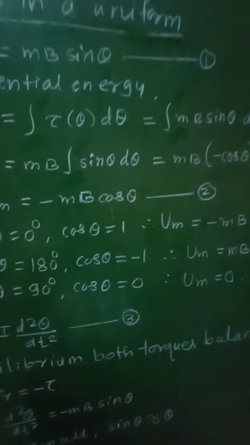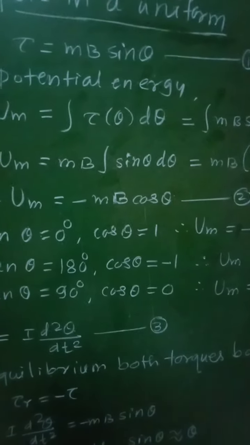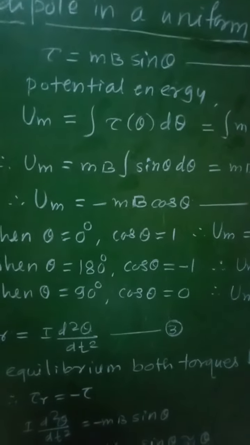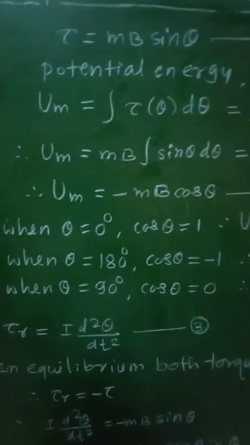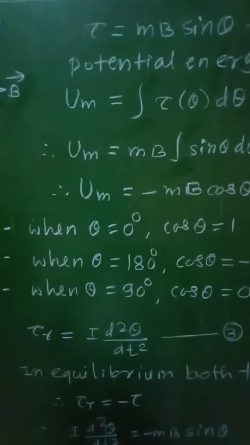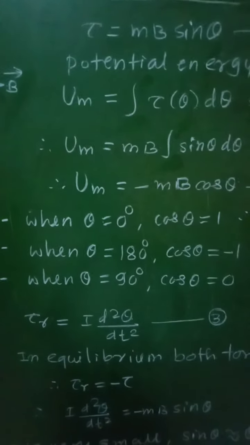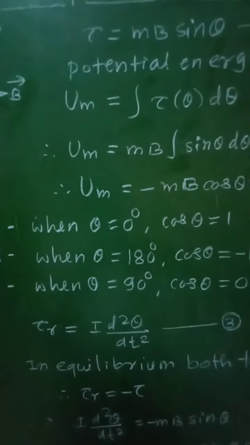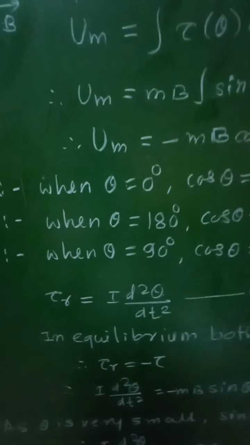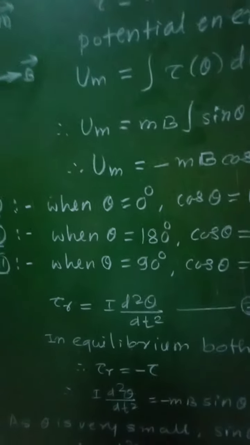Now if you consider this equation, the potential energy of that bar magnet will depend upon the value of theta, that is, for different values of theta the potential energy will be different, and therefore in this case we will have to consider some cases.